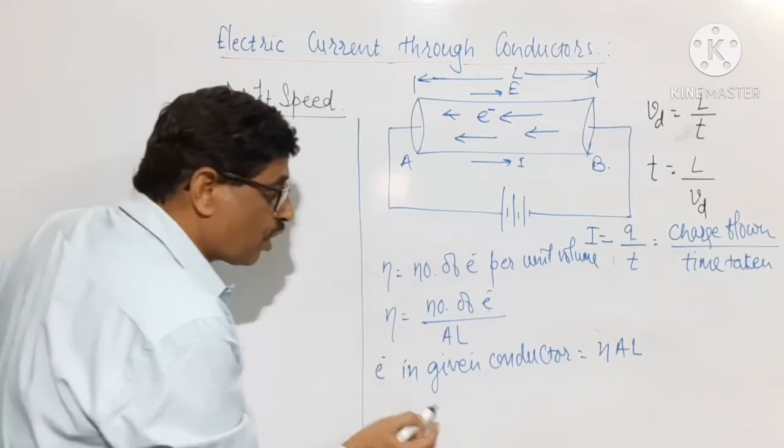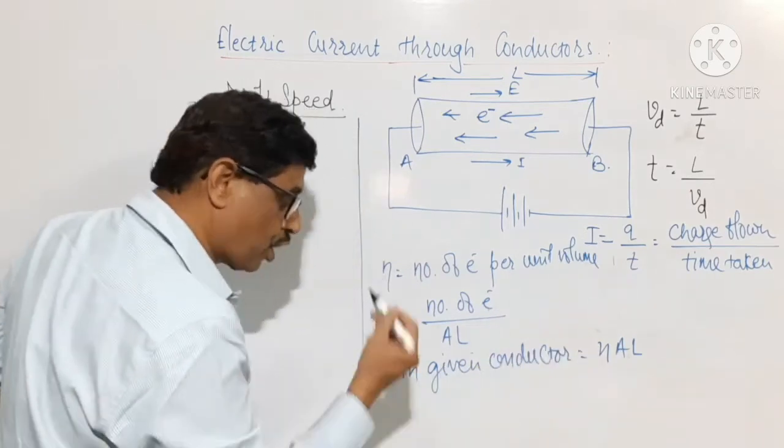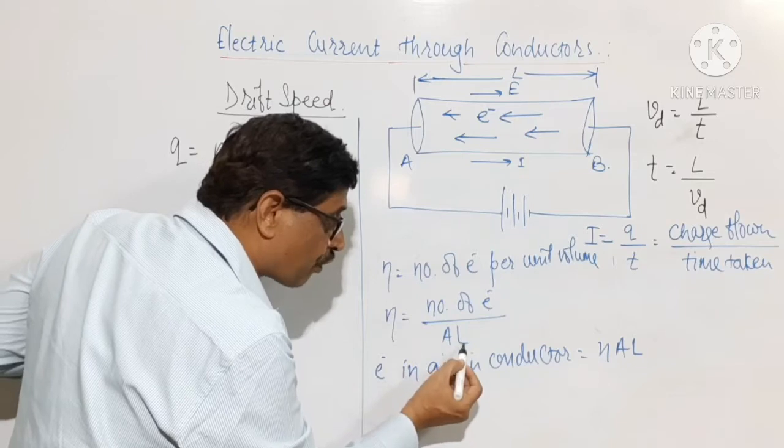In the given volume, how many electrons are present? N into A into L, because n is the number of electrons per unit volume and A into L is the volume of the conductor.